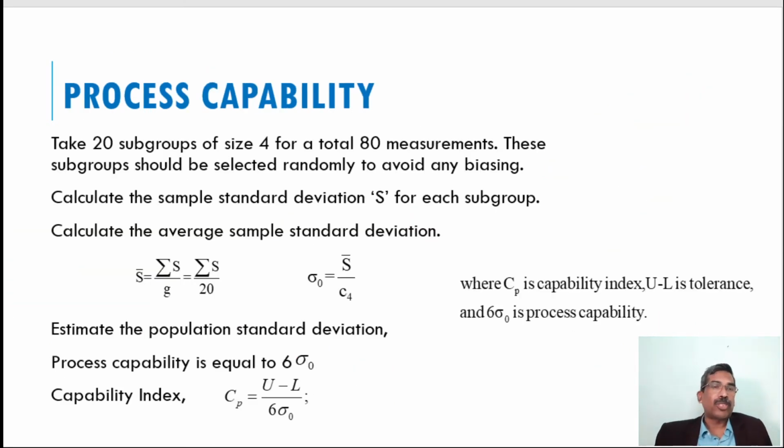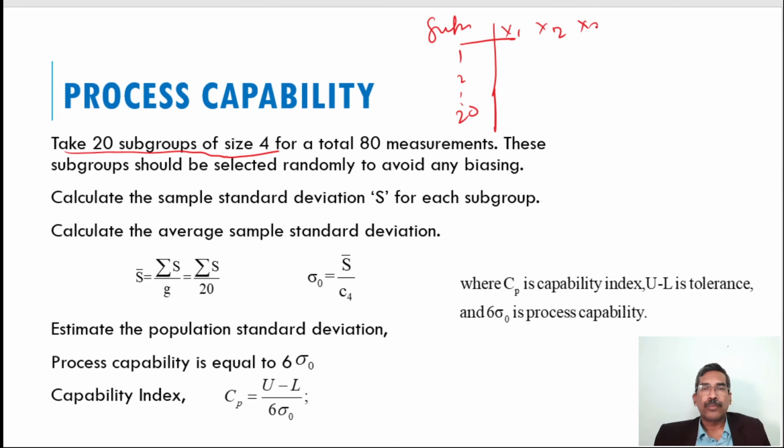Now see how to calculate this process capability index. Take 20 subgroups with a subgroup size of 4. Suppose this is the subgroup number, 1, 2, 3 up to 20, and the subgroup size is 4, and find the value of X bar and the value of S for each subgroup.